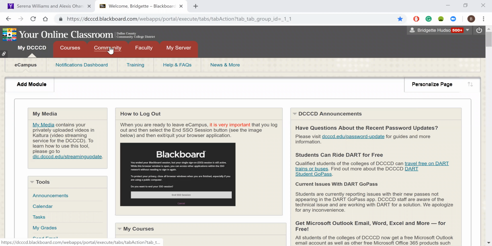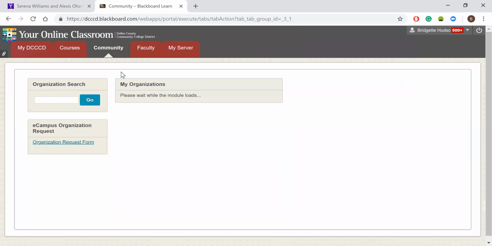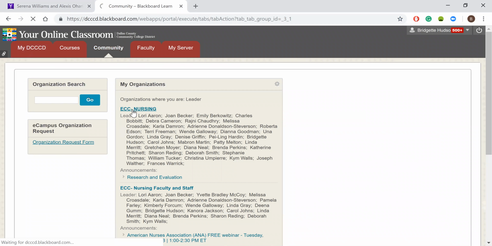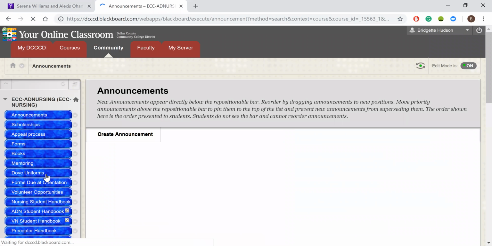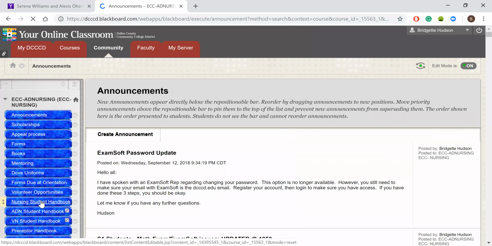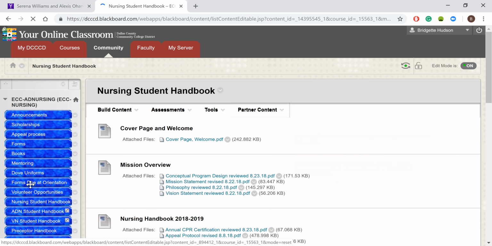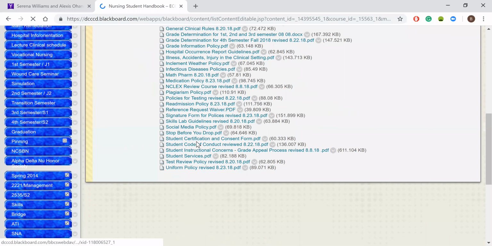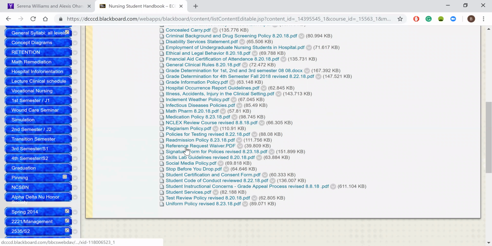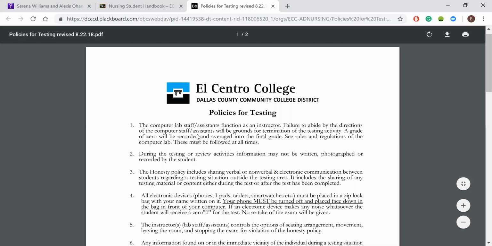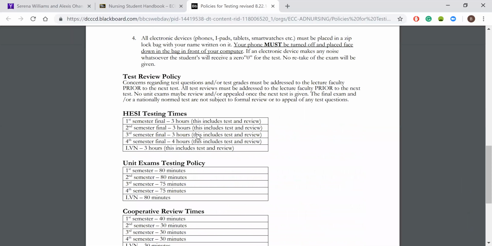So you go to community, nursing, and nursing student handbook. Policies for testing. So that's all the policies related to testing.